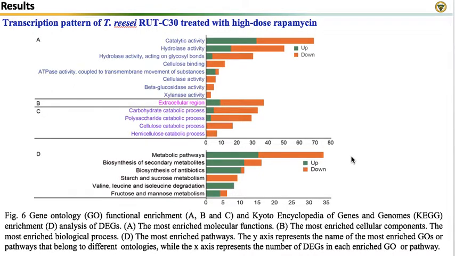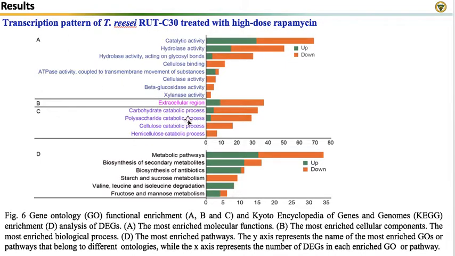Next, we performed an RNA-seq analysis to gain insights into how rapamycin influences Trichoderma at the transcriptional level. We can see the enriched molecular function was mainly related to catalytic activity, cellulose binding, cellulase activity, and beta-glucosidase activity.